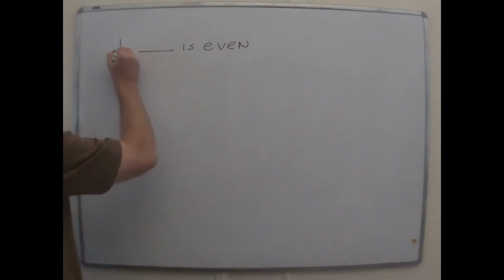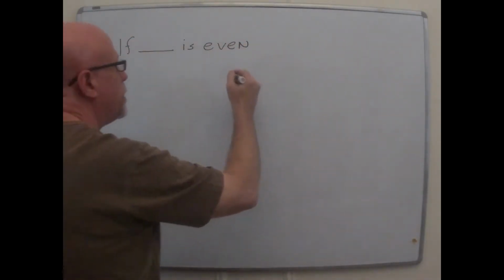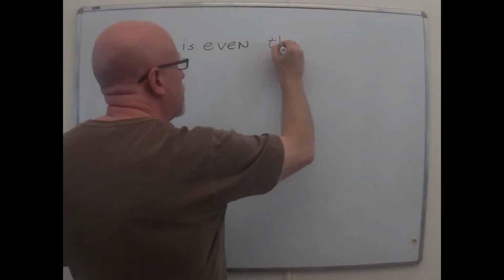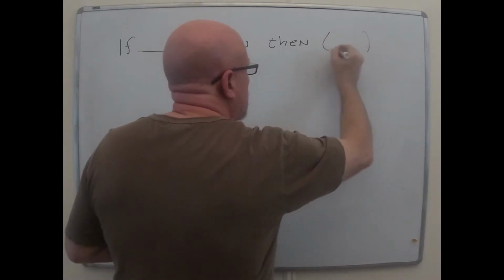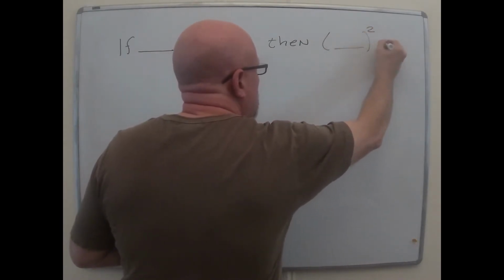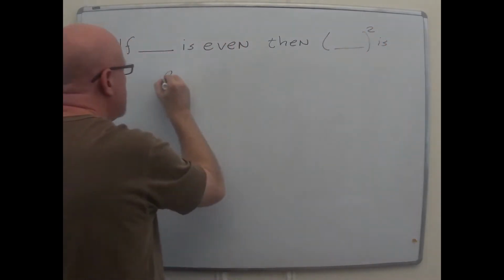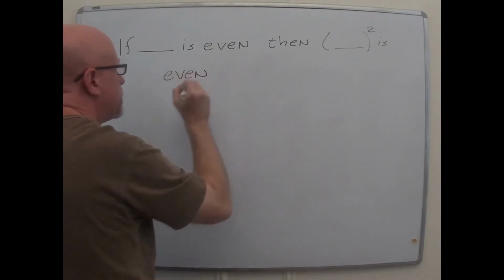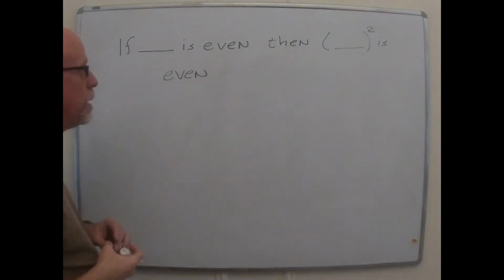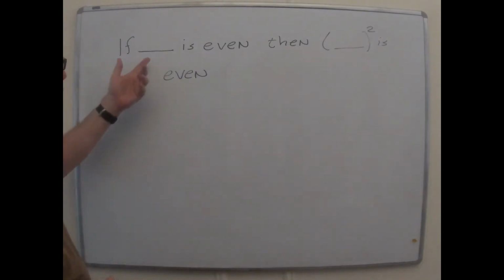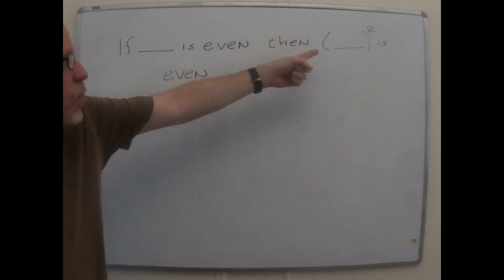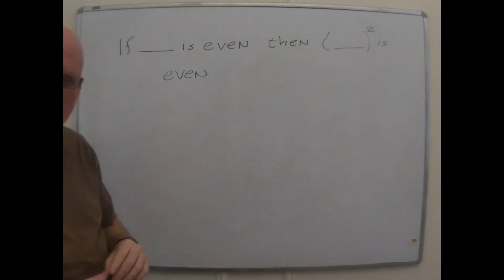maybe I'll put another word up here. If blank is even, then blank squared is even. And I'm intending to say, the idea that if you've got some number that's even, then if you square that number, you'll also get an even number, which I hope makes sense.